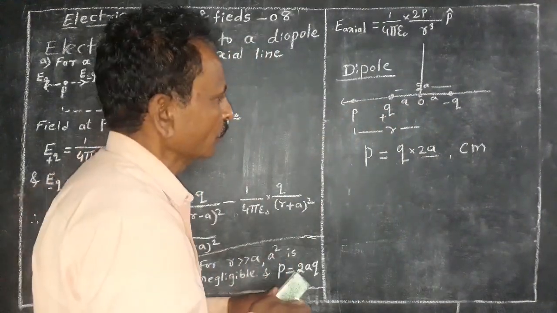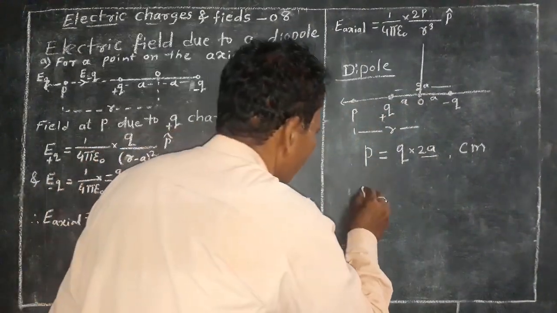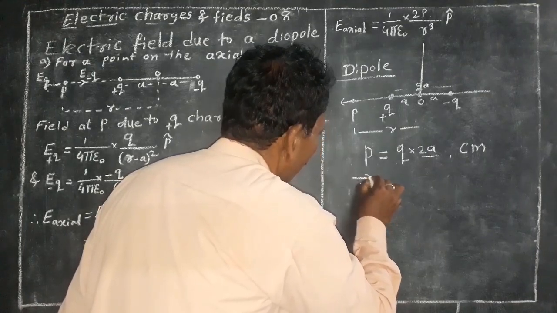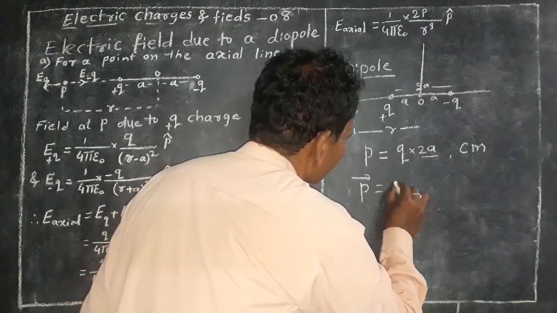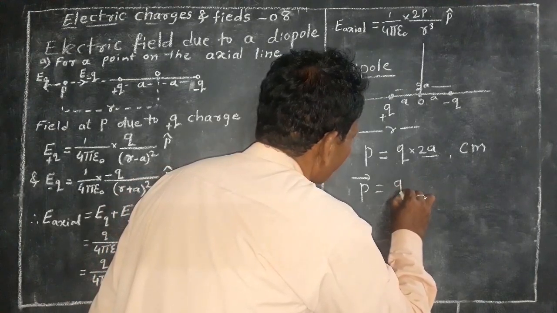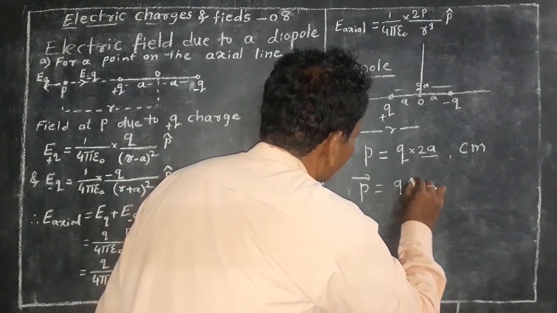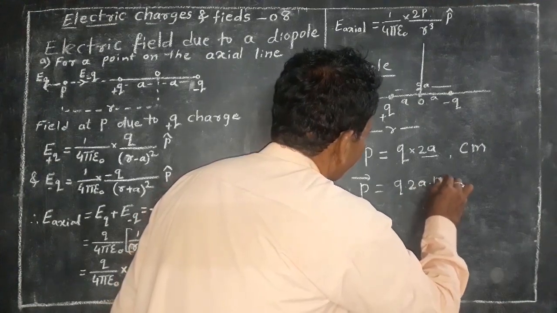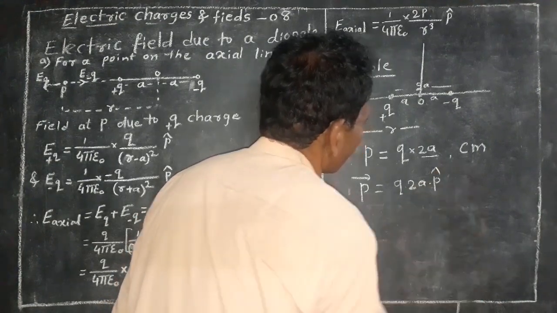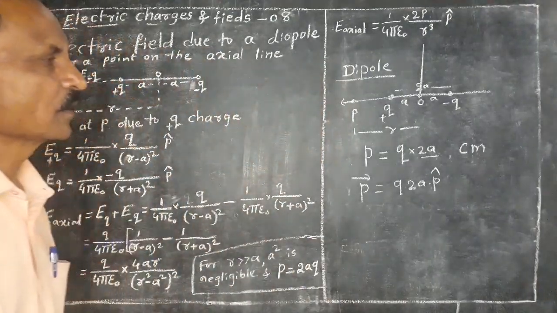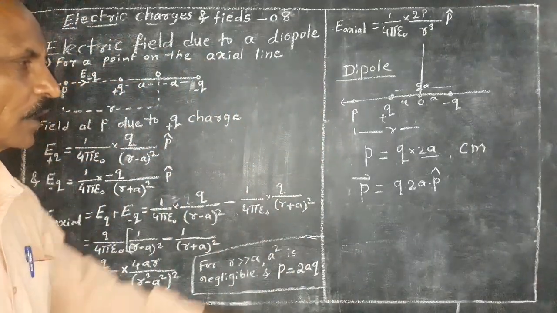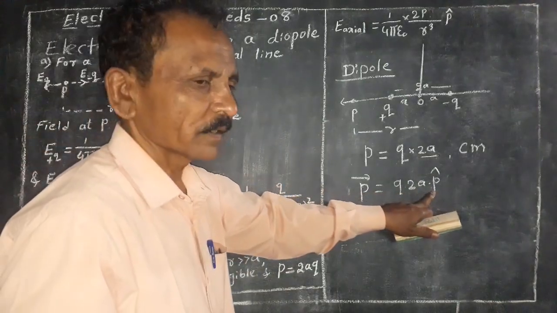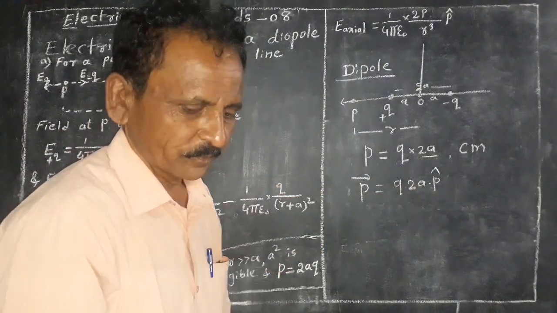Vectorially, the dipole moment is written as P vector equal to q into 2a into p cap. Here p cap represents the direction of dipole moment. It is the unit vector in the direction of dipole moment.